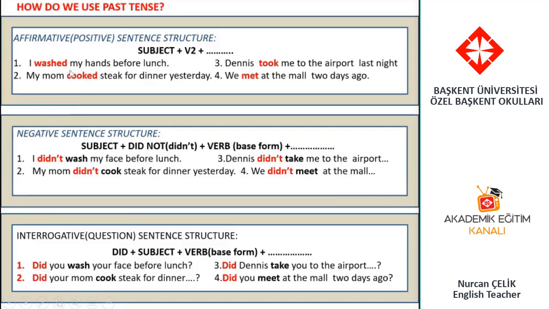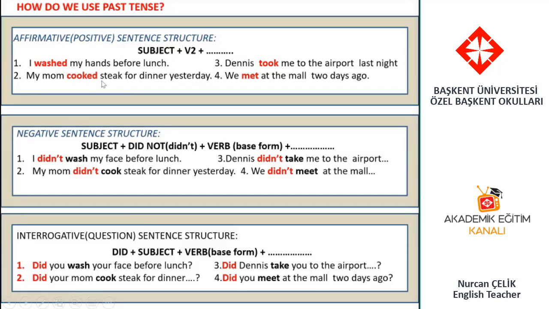For example, I washed my hands before lunch. I'm talking about what I did before lunch, my activity before lunch. It was washing hands. So I said, I washed. This is a regular verb, so it takes ed and changes as past tense.